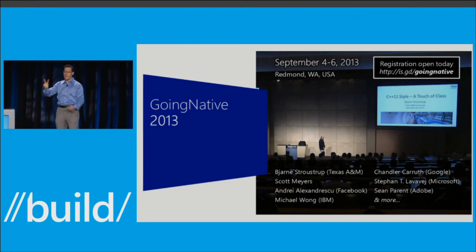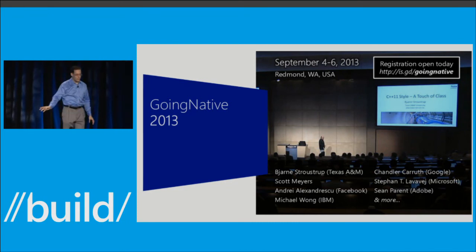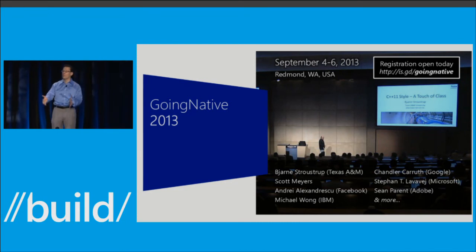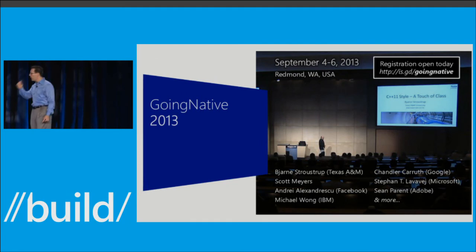Now, those first 2 days, it is a Microsoft-hosted conference, but it is about ISO C++ on all platforms. But when we did that last year, people were super confused. People came and said, "Why is there a talk about Clang?" Well, because it's good and it's exciting, you should know about it. "But why is there a talk about Clang at Microsoft?" Because it's good and it's exciting and you should know about it.